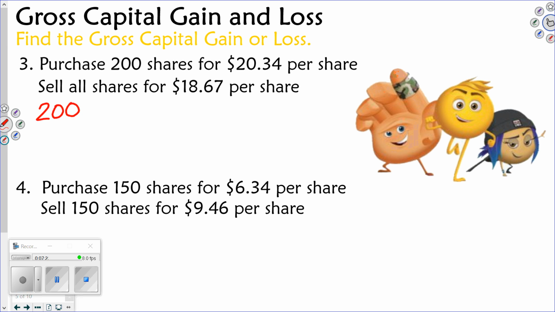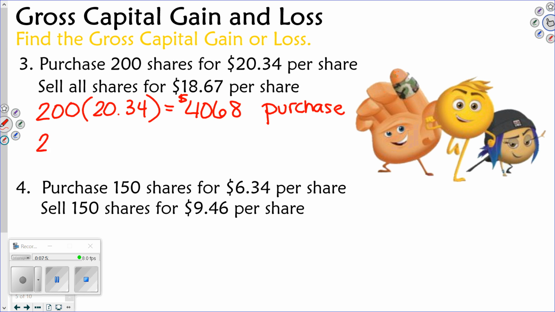I bought 200 shares for $20.34. I need to figure out how much I actually purchased. What did I pay to begin with? All right, so I purchased them for $4,068. All right, that was my purchase.